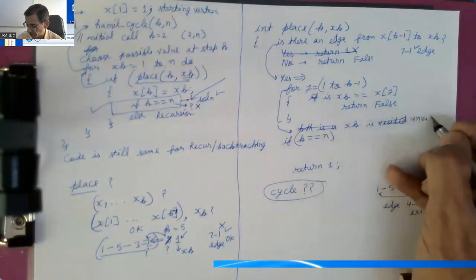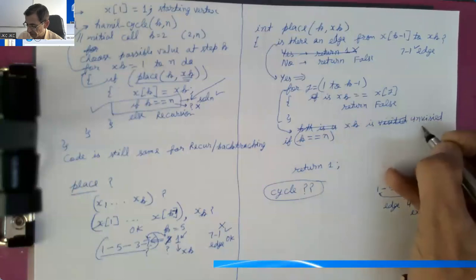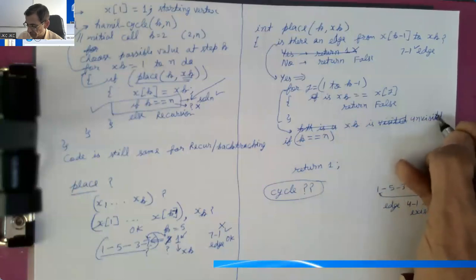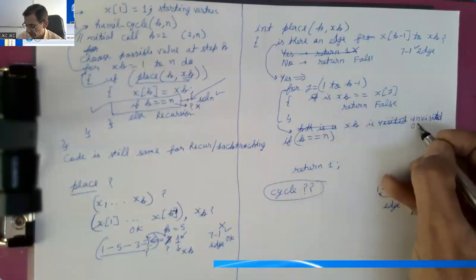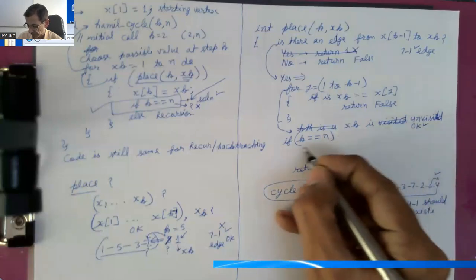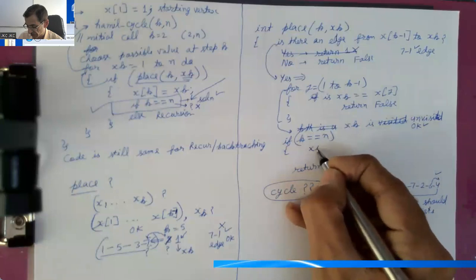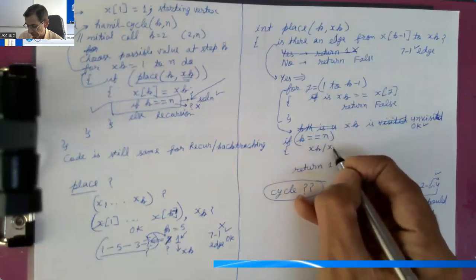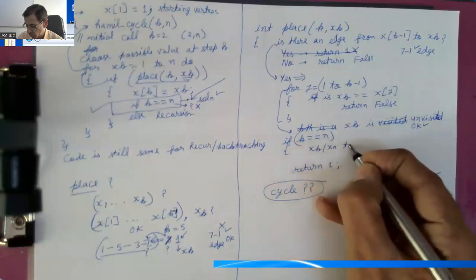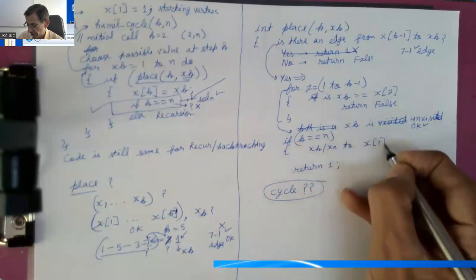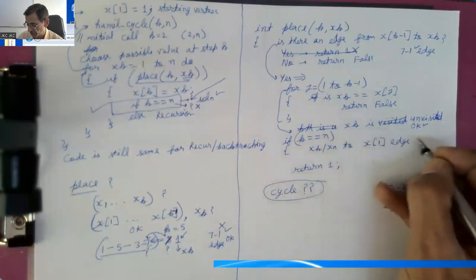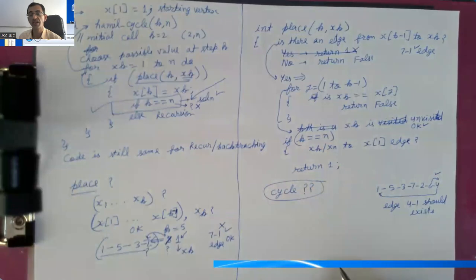I will write it was unvisited and acceptable, and now this should be selected. But if it is the last vertex, from xk, that is, xn, to x1, edge existence must be checked, and accordingly the decision will be made.